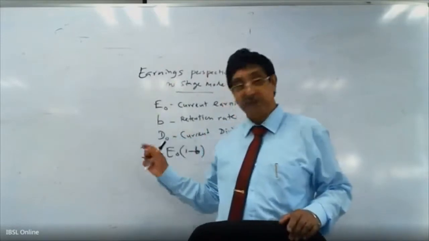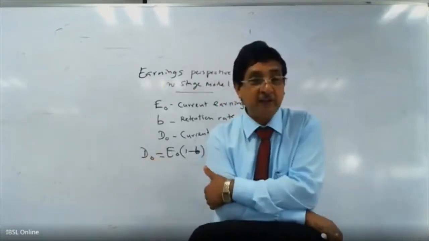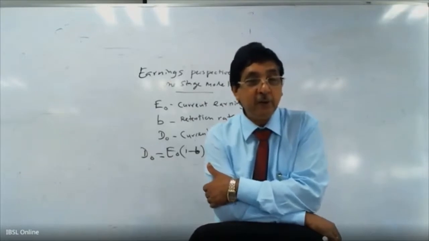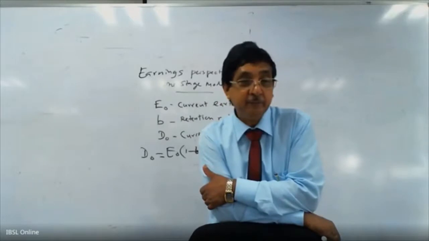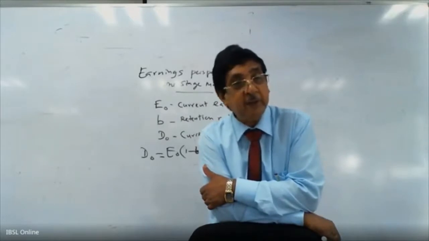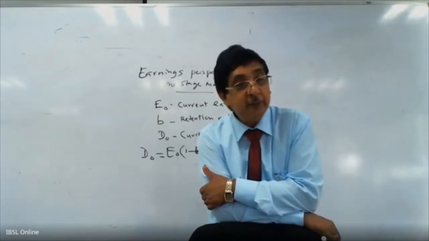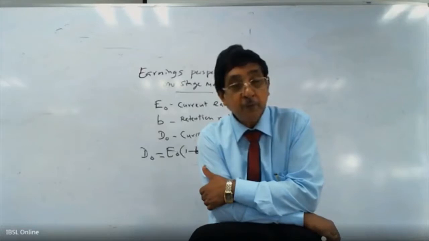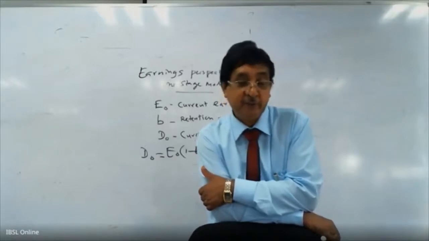You can show that through this equation. Through an example: earnings of 100 and the retention is 80%. So dividend would be 20, because 80 retained, 20 would be the dividend.